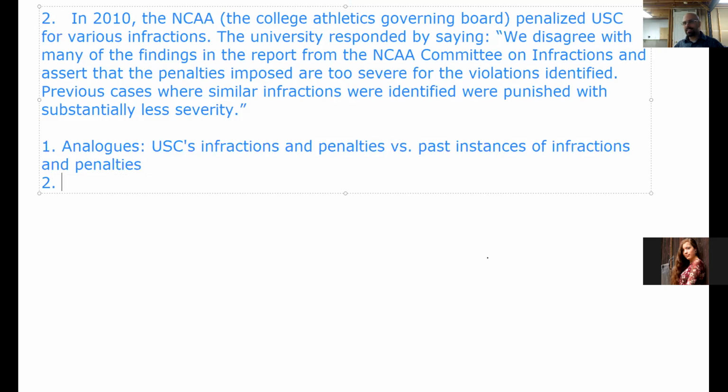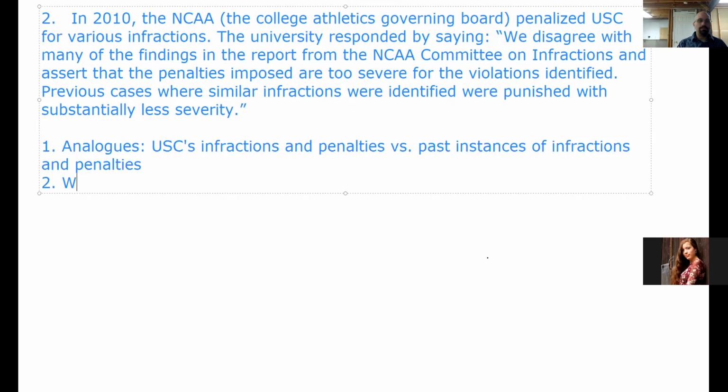My guess is, again, for the overwhelming majority of you, you're not going to remember this case, so you're not going to know what the relevant similarities or differences are. You don't know what USC did, and the argument doesn't say, and you don't know what was done in the other cases. So for most of you, your answer ultimately is I need more information.